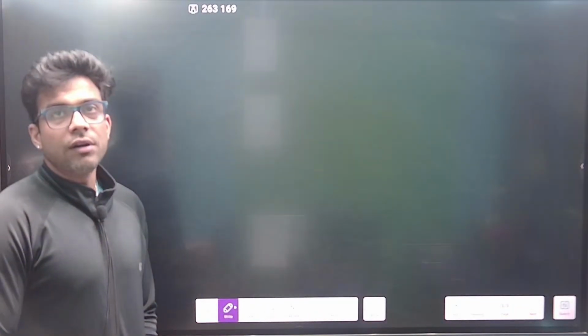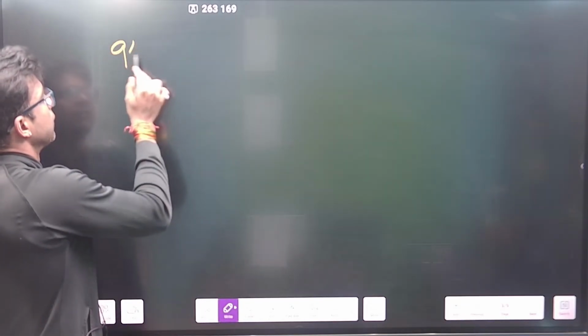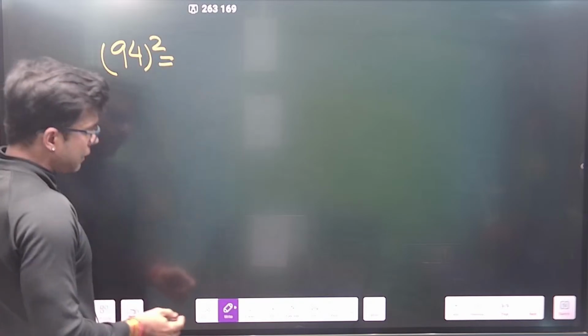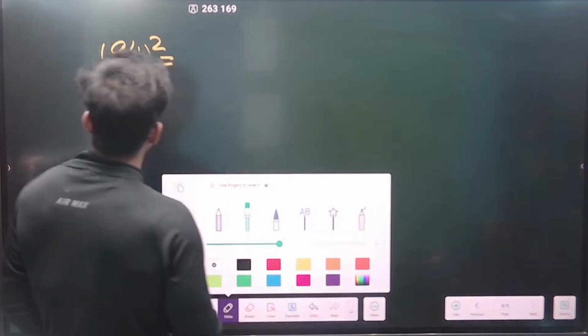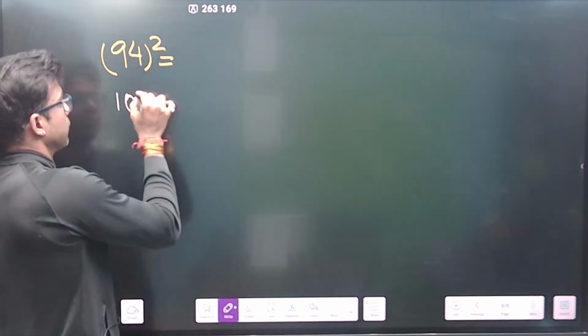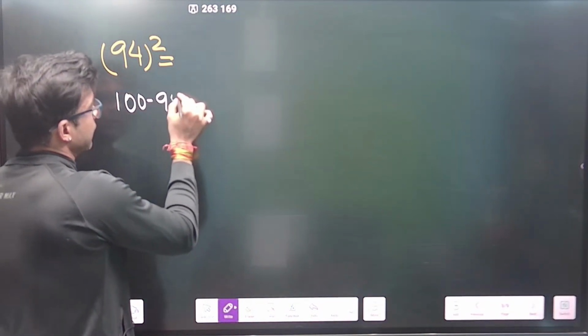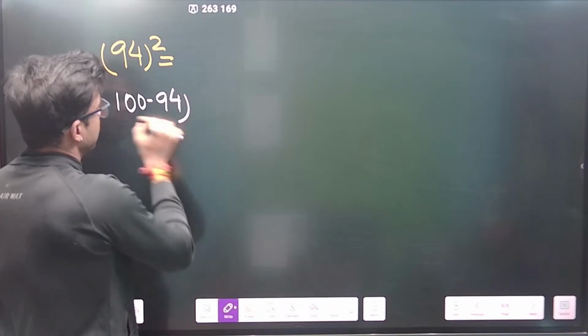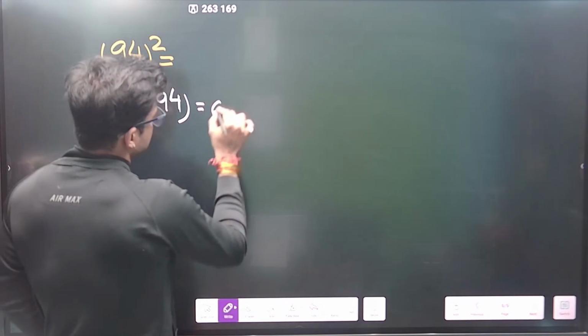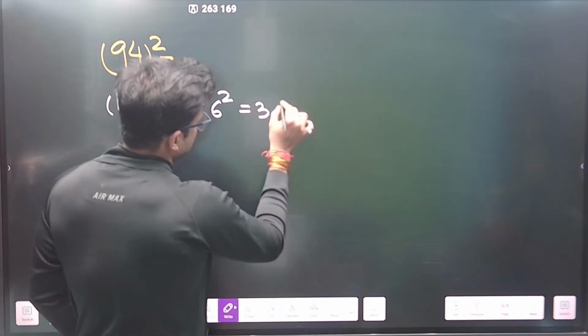Let's go for the square of 94. Again, compare with 100. 100 minus 94 is 6. The square of 6 is 36.